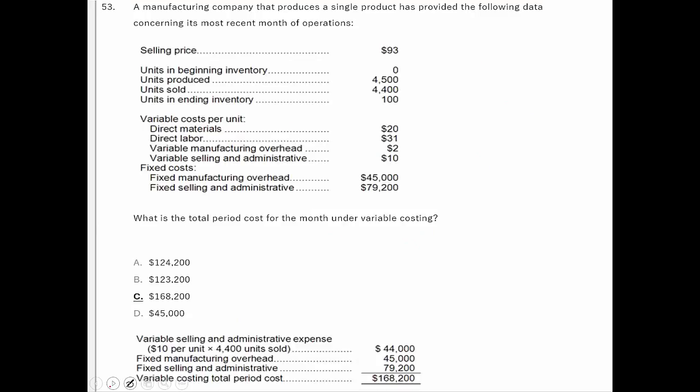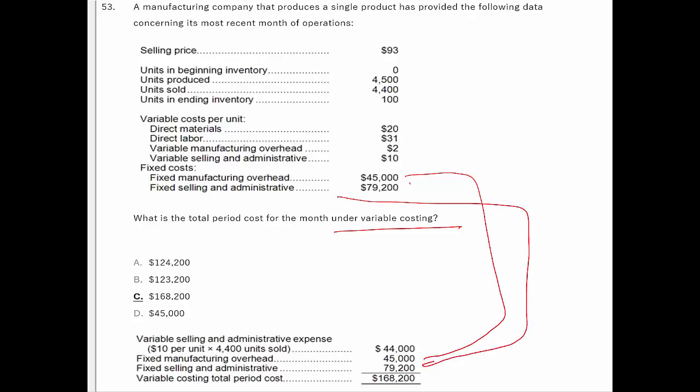So you come over. Total period cost, thank God for a question like this. Total period cost under what? Variables is what? All of my fixed costs, right? Which is going to be my fixed manufacturing overhead, my fixed selling and administrative, and my what?